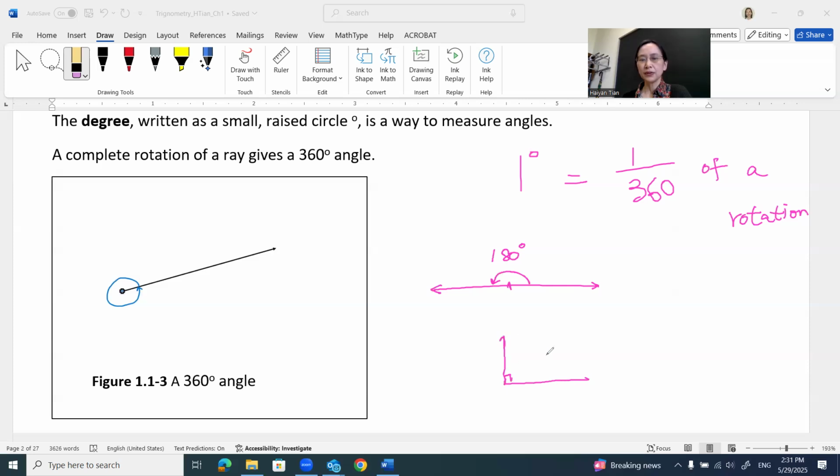A 90-degree angle. So from this initial to the terminal side, suppose we're doing counterclockwise, so we get a positive angle, then that will be 1/4 of a complete rotation. So a quarter of a complete rotation, that is called a 90-degree angle.